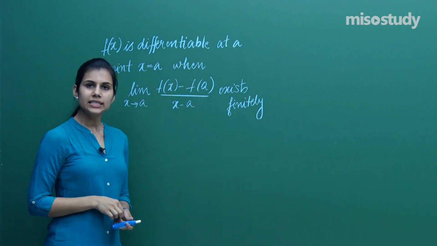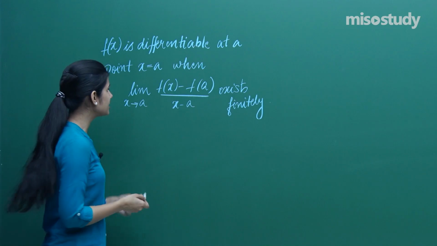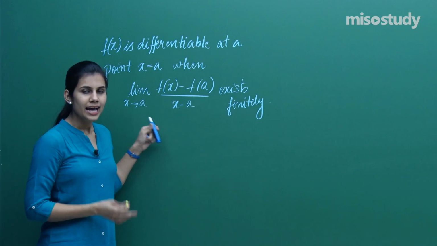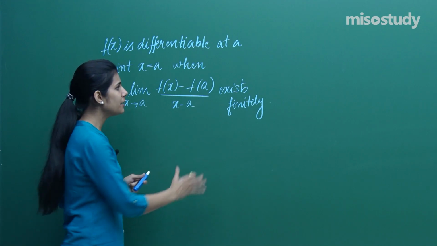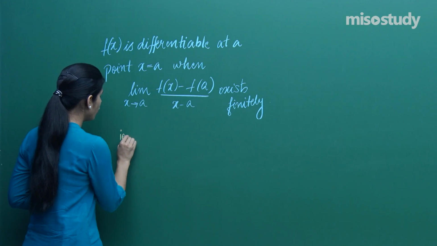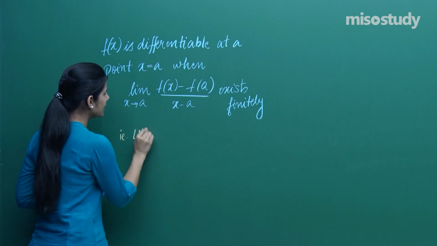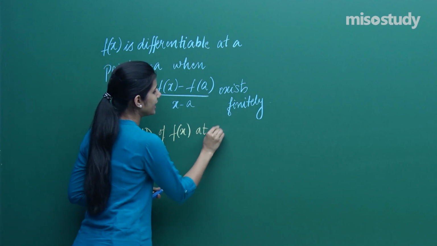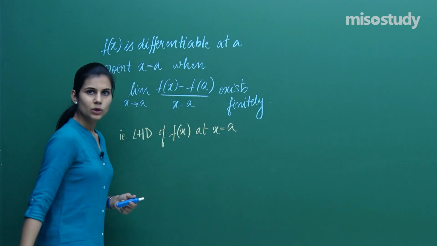And then we said this limit existing means this limit existing from the left of a and this limit existing from the right of a, and both of them are equal to the same number, which is this, right? And therefore, alternatively we define the left hand derivative of f at a. What was that?